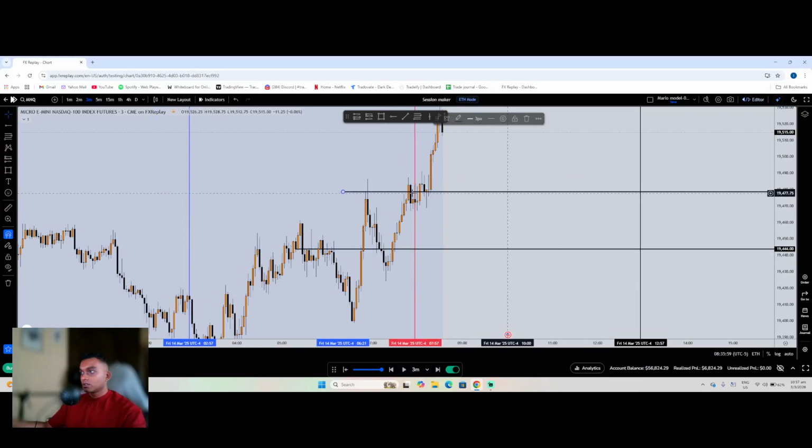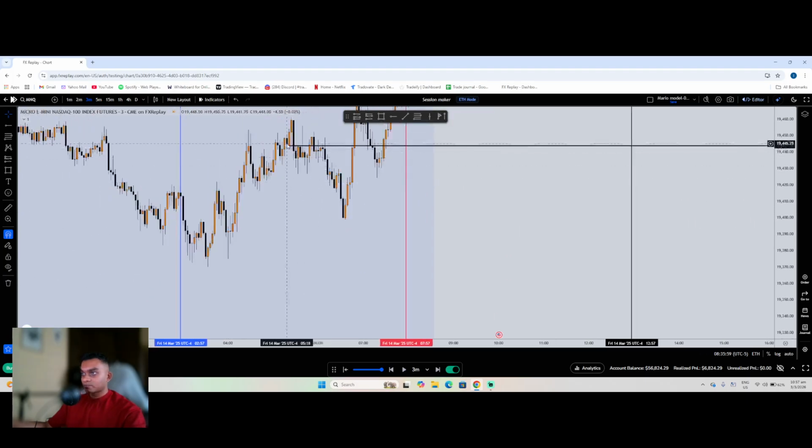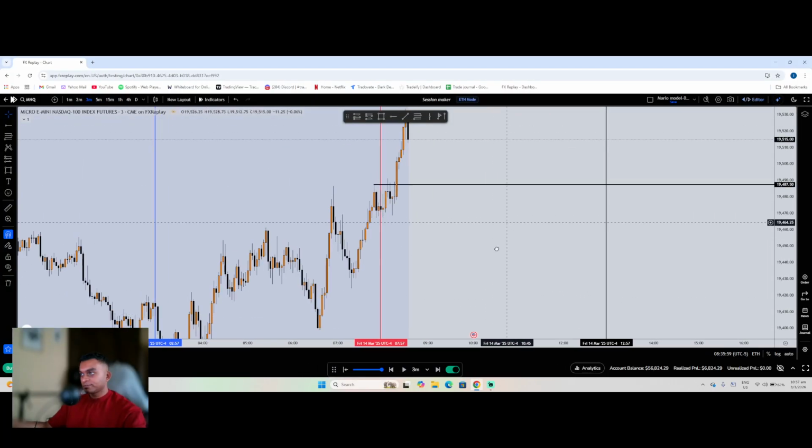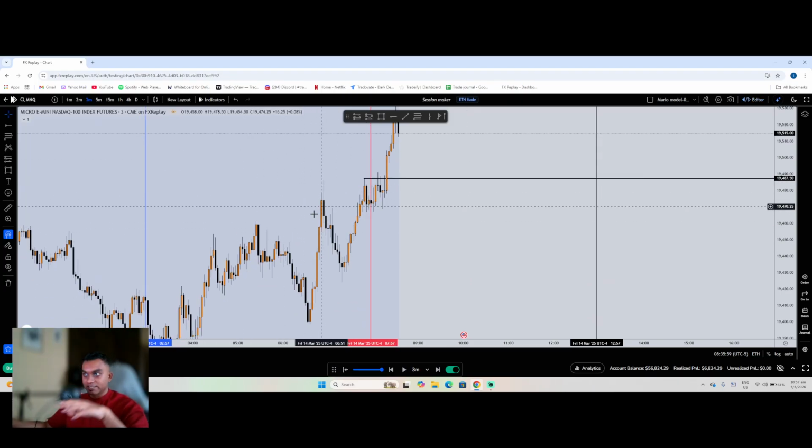So maybe let me just see whether we have anything here, right? And another thing, right? The moment a session gets swept and then goes down, but you hit a stop loss and then it goes higher, you can still take a re-entry. Like for example, let's say this is not yet 7, right?